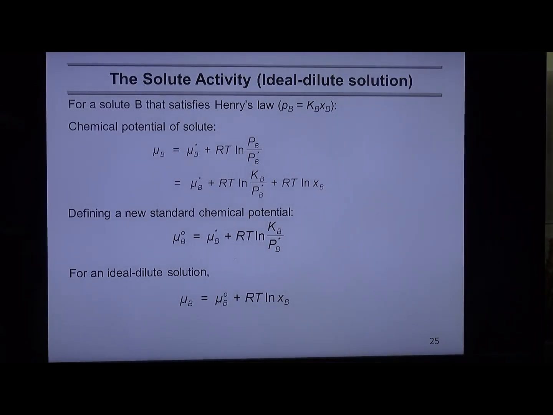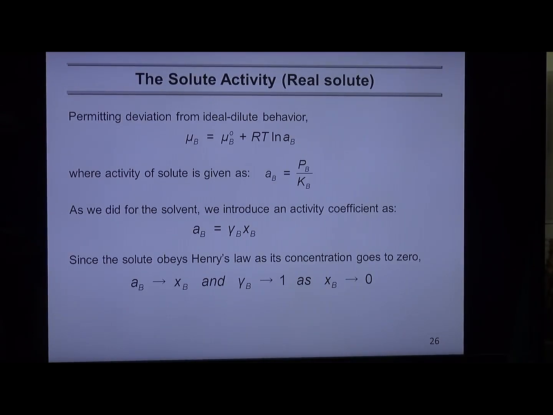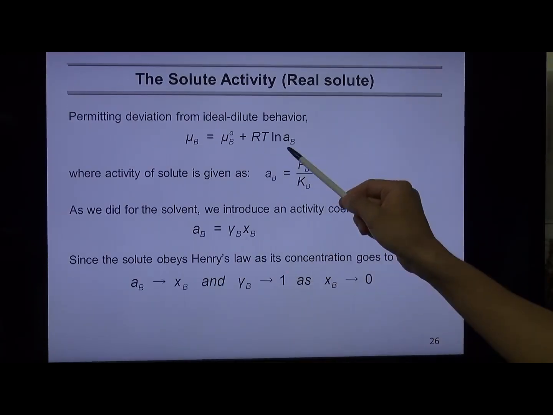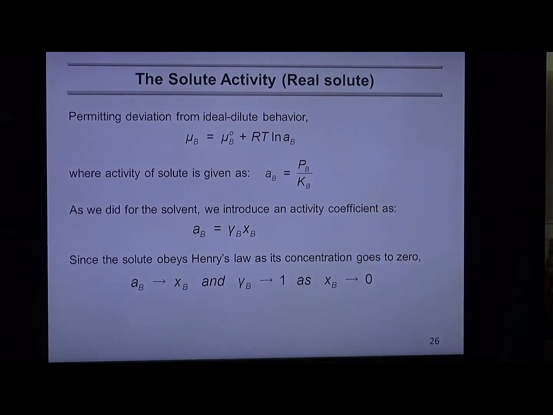Then, if you want to use this same equation to describe the real solution, especially the solute in a real solution, then you simply replace this XB by aB, the activity of the solute.